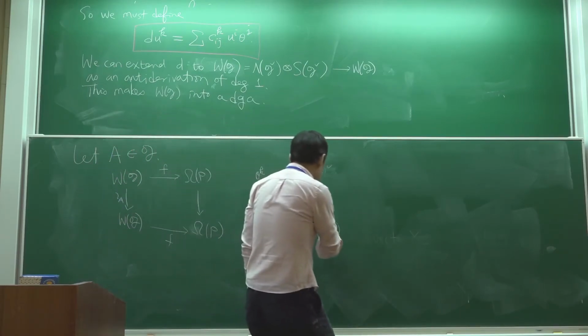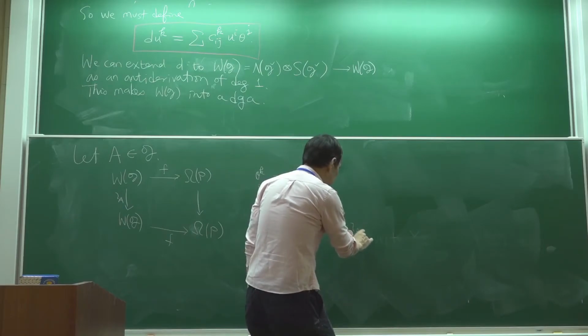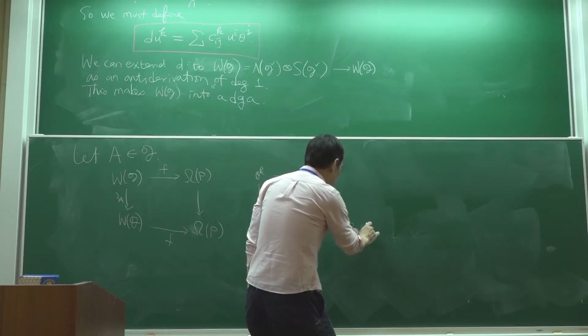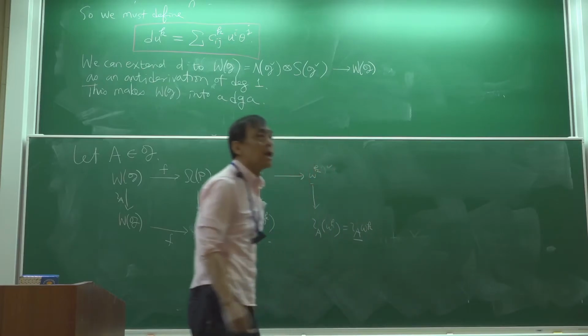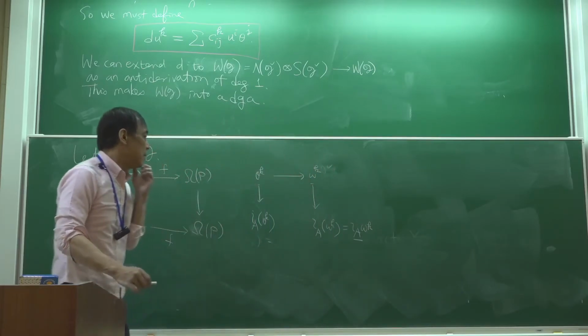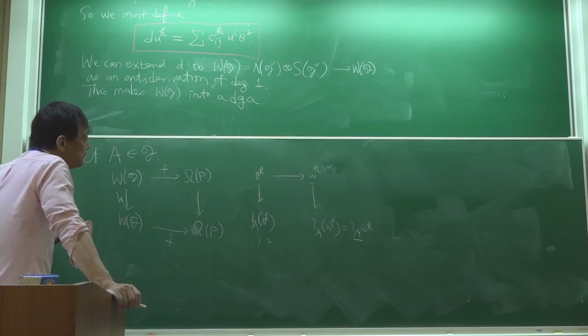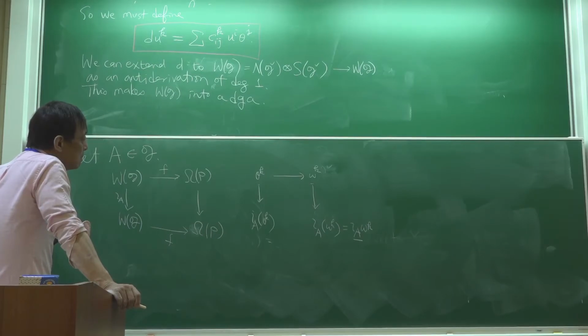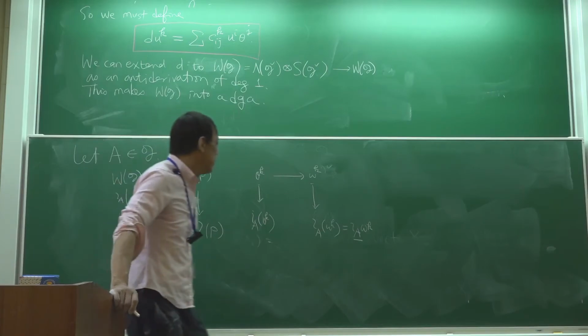Now, IA of omega k, by definition, is A bar of omega k. And what is this?